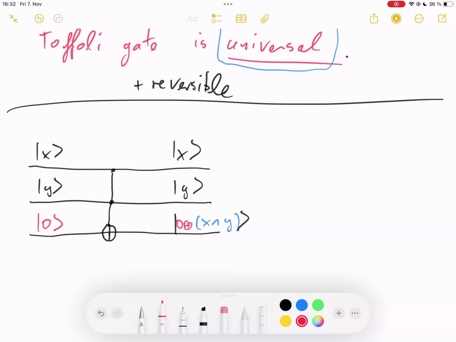So 0 XOR X and Y. I have this term. How can I simplify this term? 0 XOR X and Y. It's not too different to what we did before with the CNOT gate.